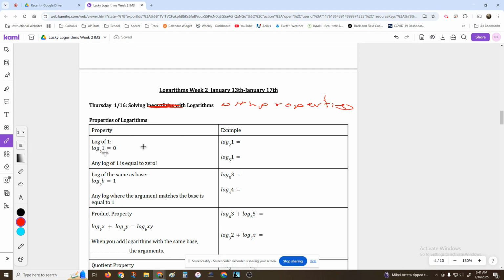You just don't know the reasoning why, or a property. You more know it based on inverses. So if we think about this, any log of 1, so log base anything of 1, is always 0.